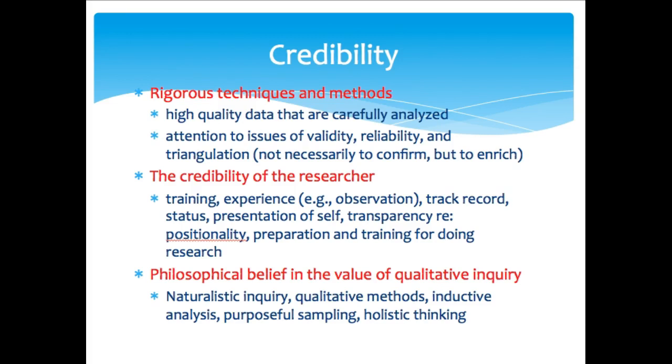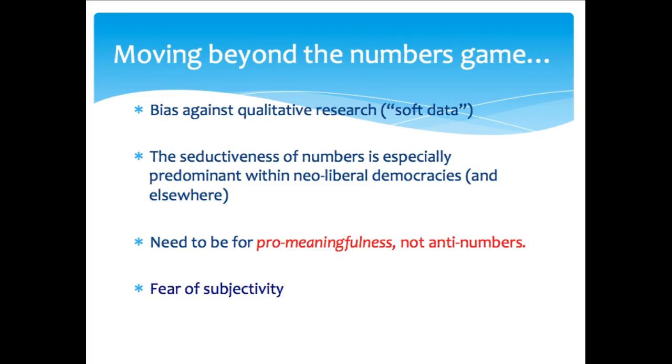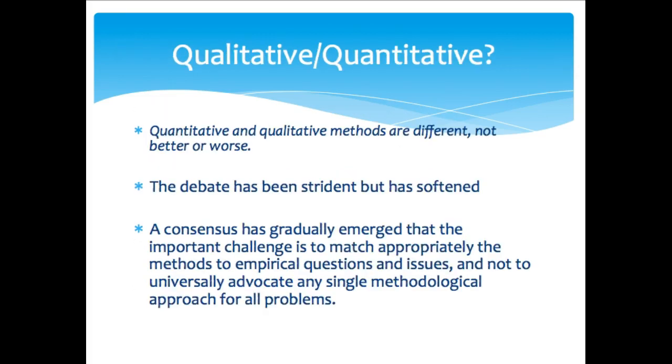And so in doing that, then of course it becomes important that you establish your credibility, and you move beyond the numbers game, and you move towards instead being familiar with the arguments that people use in justifying qualitative research and its efficacy.